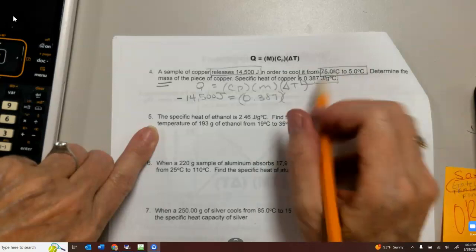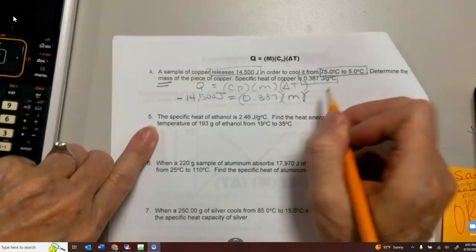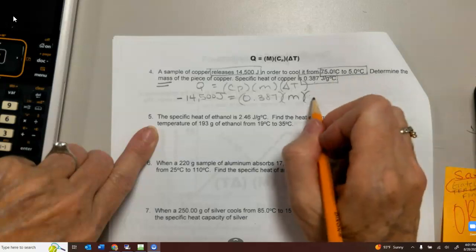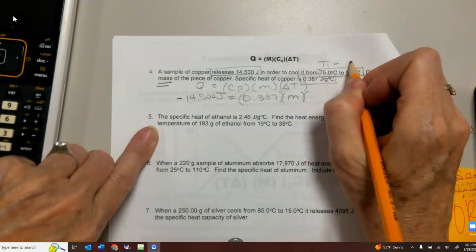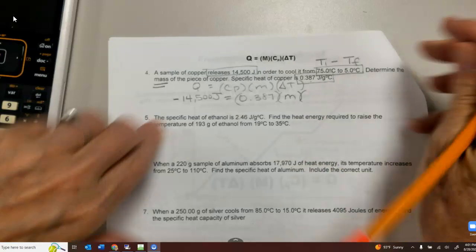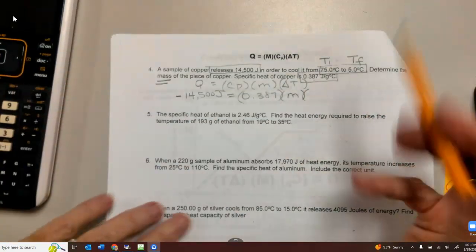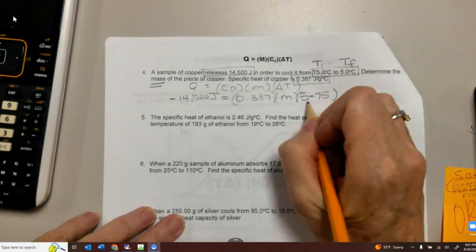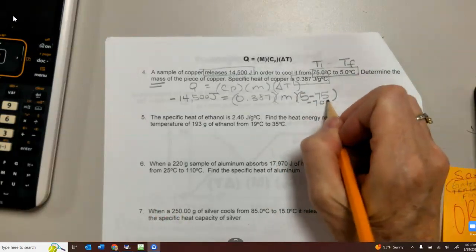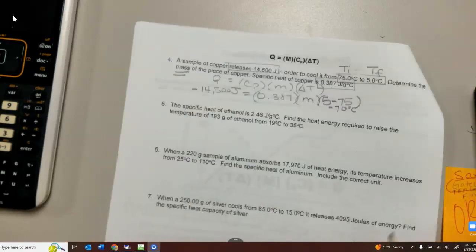And then we don't know our mass. And then here we're going to subtract. Our final temperature, this is Ti, and this is Tf, so it's always final minus initial. So we're going to get negative 70 degrees Celsius right there, and you're ready to solve.